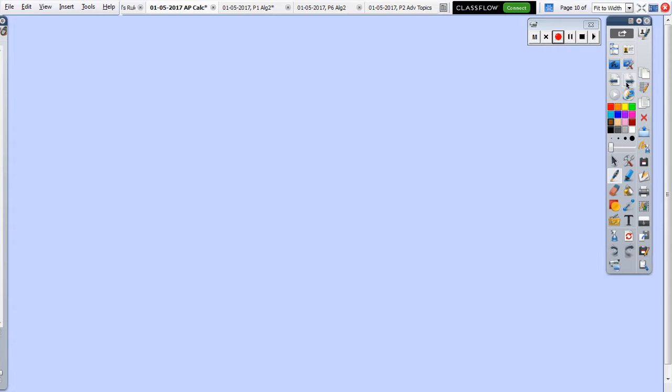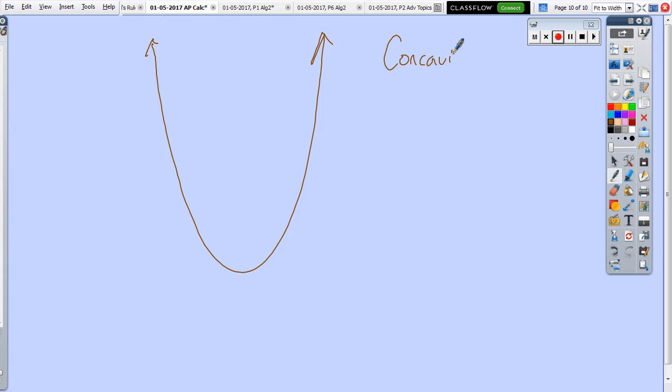So in concavity, let's talk about this. Concavity, okay, that's talking about how the first derivative is changing.